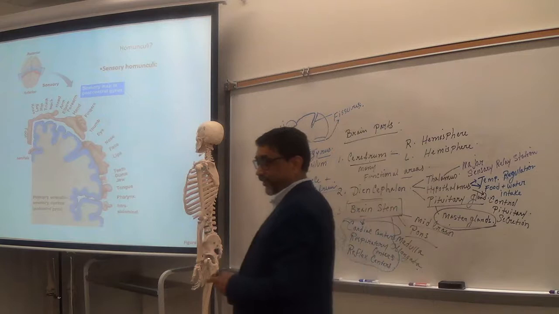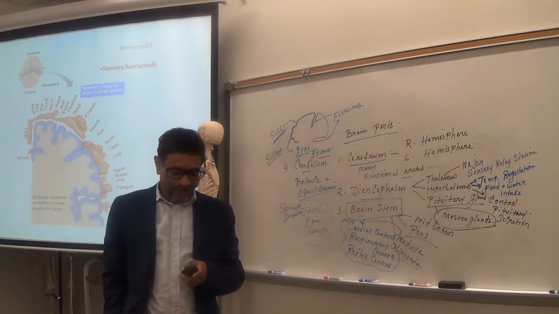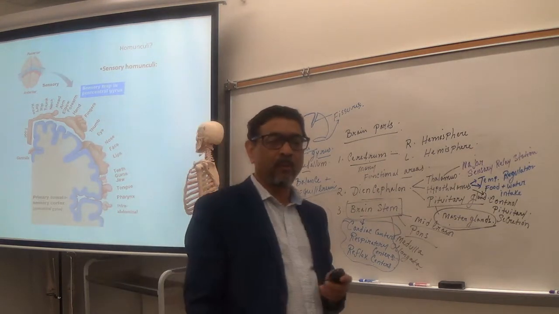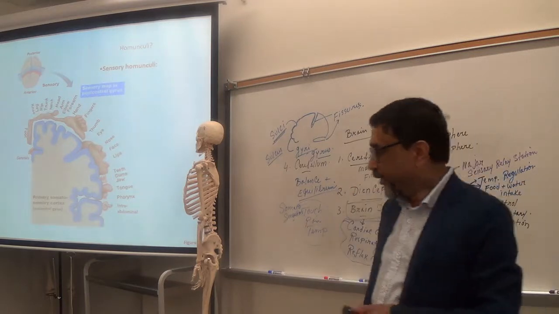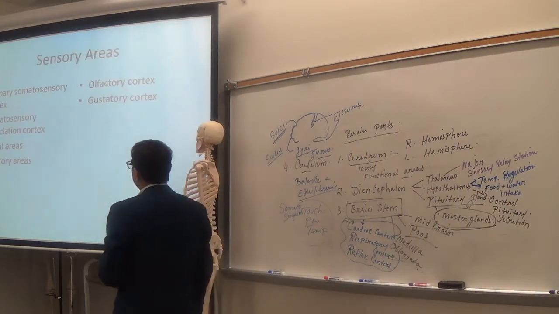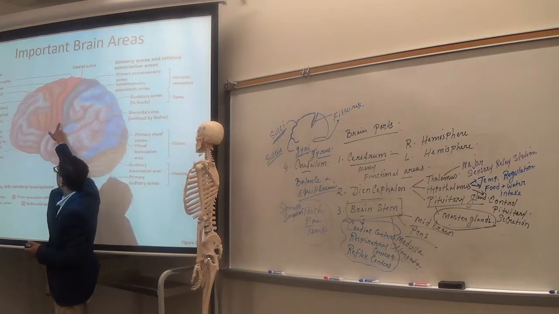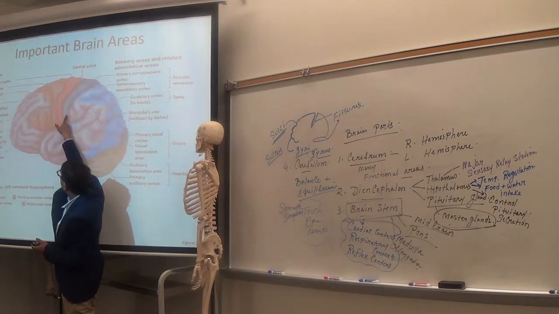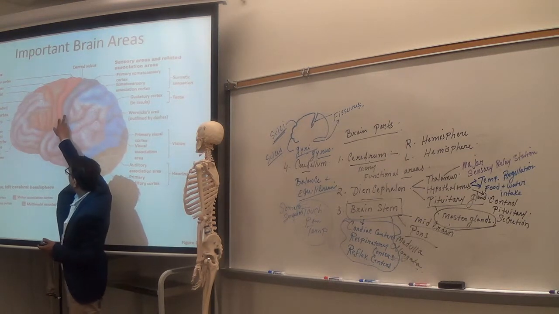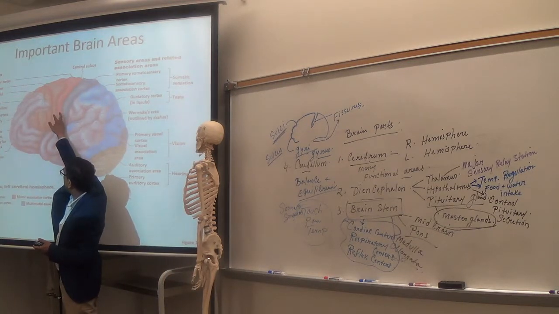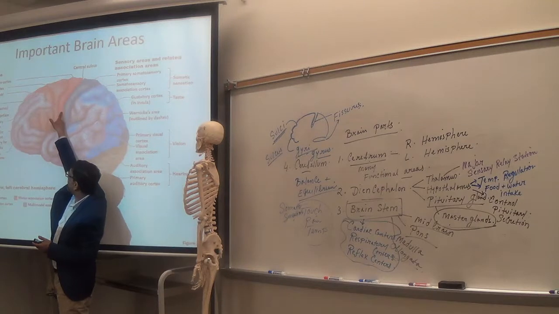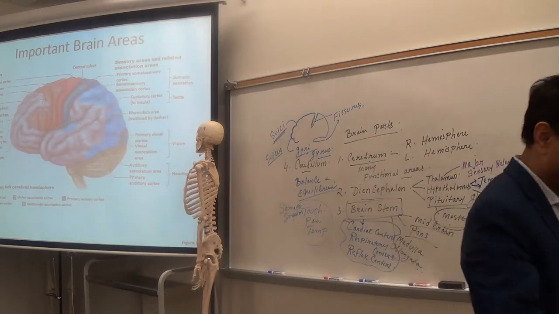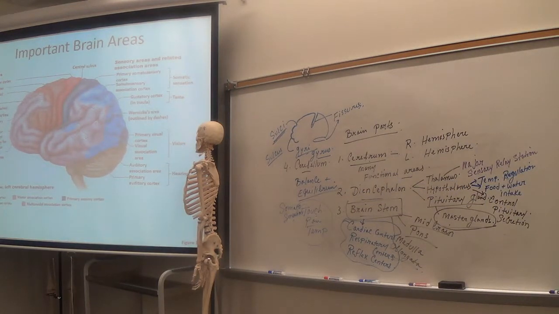Homunculi, it's very interesting, okay? In your brain, you have the map of your whole body. Your whole body map is present in the primary motor cortex and primary somatosensory cortex. So these are two homunculi on each side. The primary motor cortex has your entire body map, and the primary somatosensory cortex also has the entire body map.